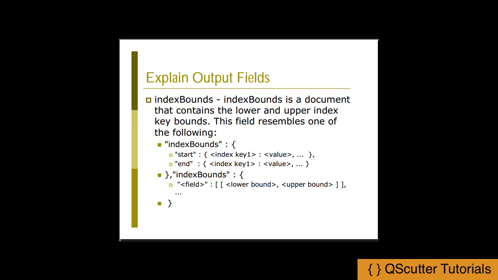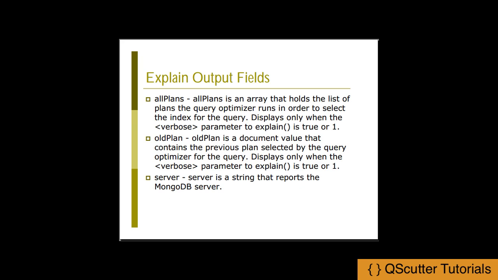indexBounds is a document that contains the lower and upper index key bounds. The field resembles one of the following. It shows the start and end of the indexes, or shows the lower and upper bound of a field. allPlans is an array that holds the list of plans the query optimizer runs in order to select the index for the query.